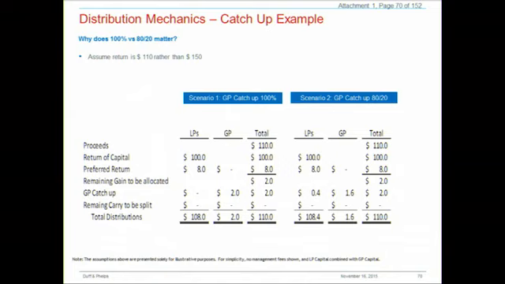In an 80-20 scenario, because the GP doesn't catch up as quickly, the LP got slightly more, 108.4. The GP only got 1.6. So the 80-20 term is a more favorable term to the limited partners, but the hurdle is just a catch-up mechanism or just a timing of cash flows mechanism.